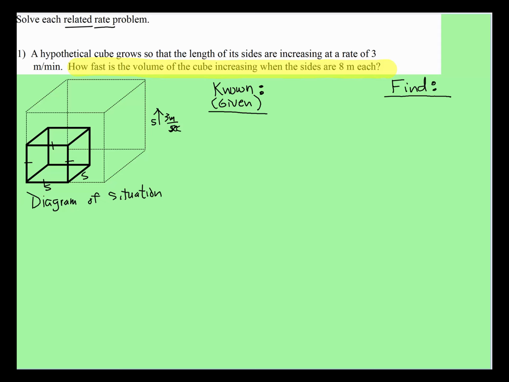When you read a related rates problem, there are 3 to 4 things that you must do right away. I don't know that the order matters so much, but one thing you need to do is draw the diagram of the situation.